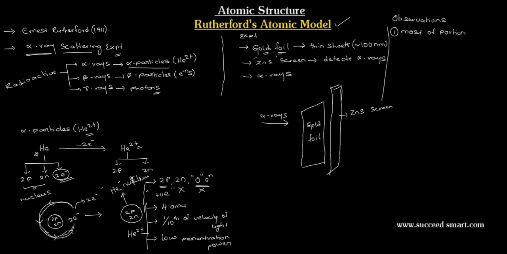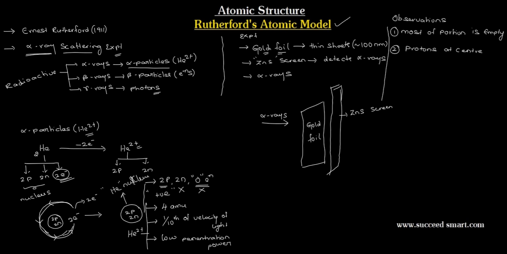The second observation is that those rays which move towards the center of the atom get deflected or deviated from their path. This shows that protons are present at the center.